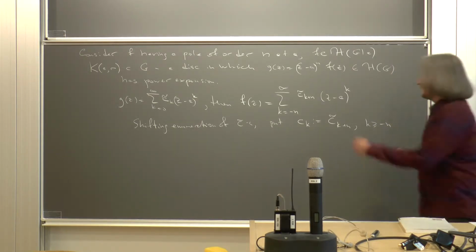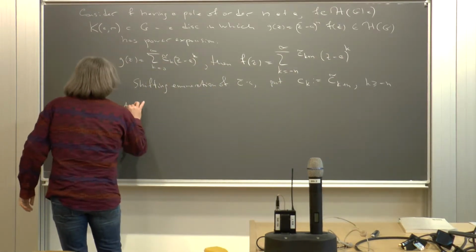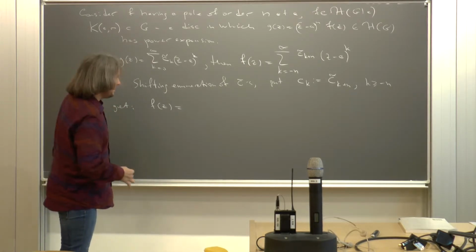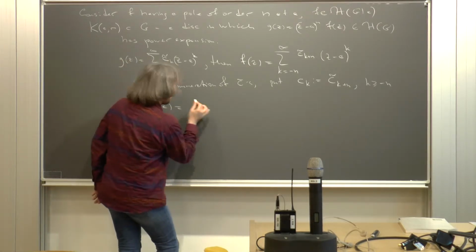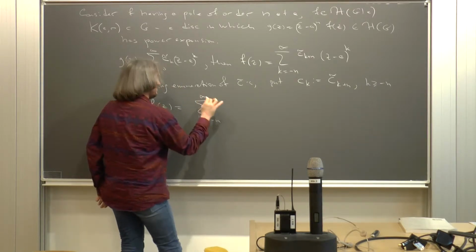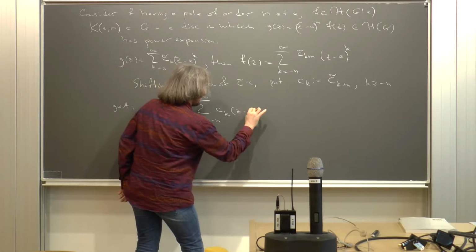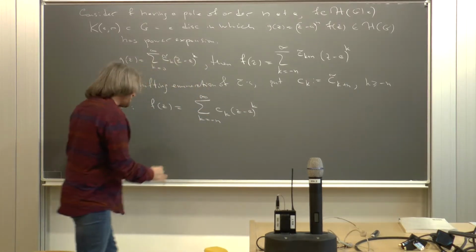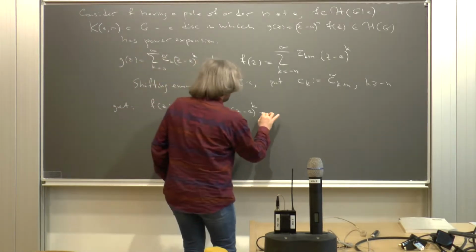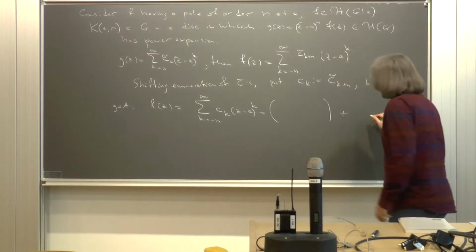So then we get that f of z is the sum of this series, which I will rewrite as a different sum. Actually, it will be two big summands.